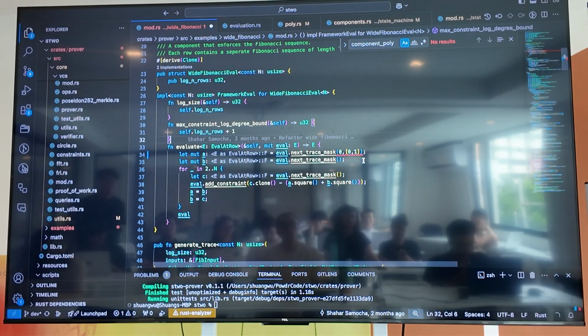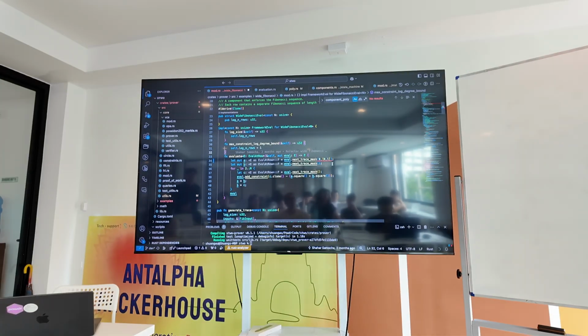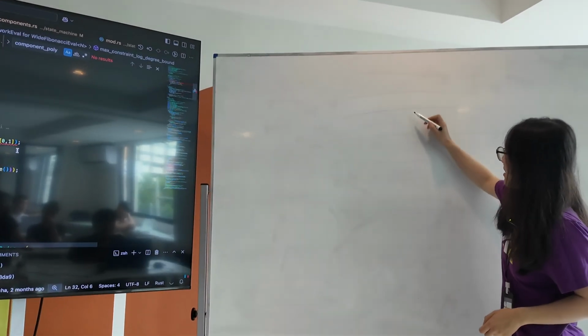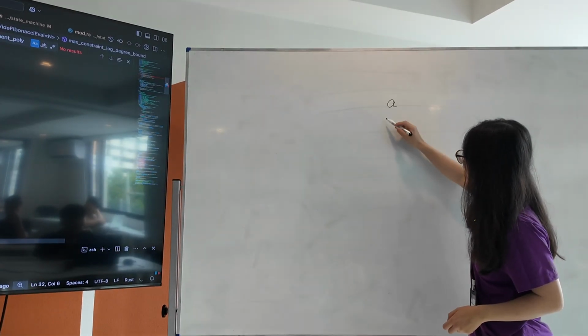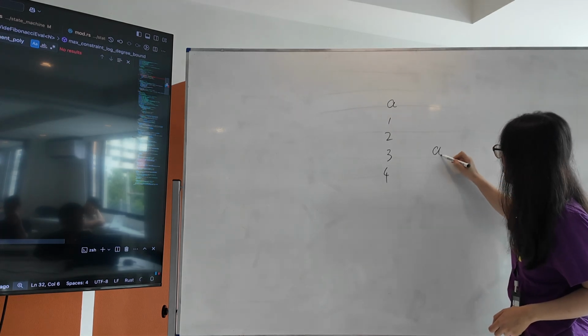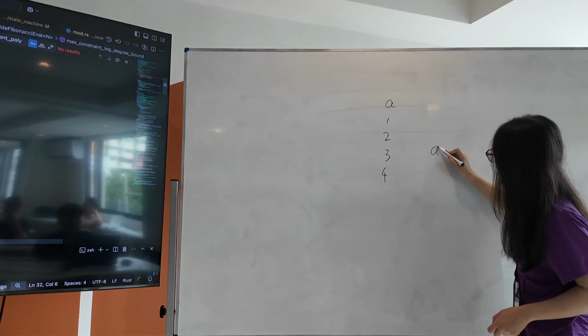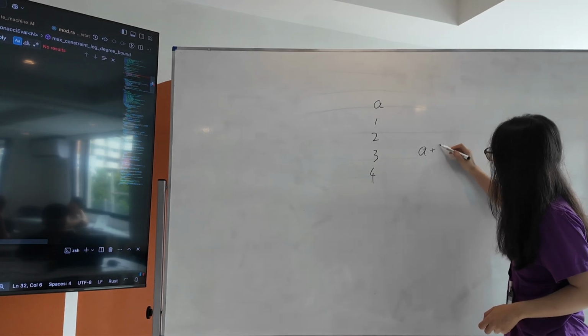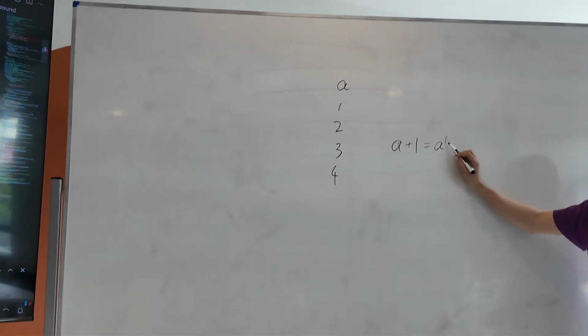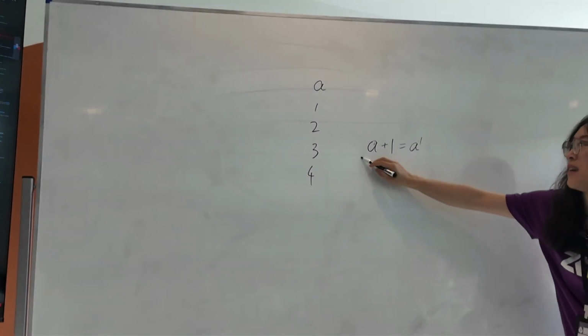So I made a test for this next row constraint. The test I wrote is, I create a witness A, let's say 1, 2, 3, 4. And then I want to prove A plus 1 equals A prime. This A prime means the next row. This is my test case.